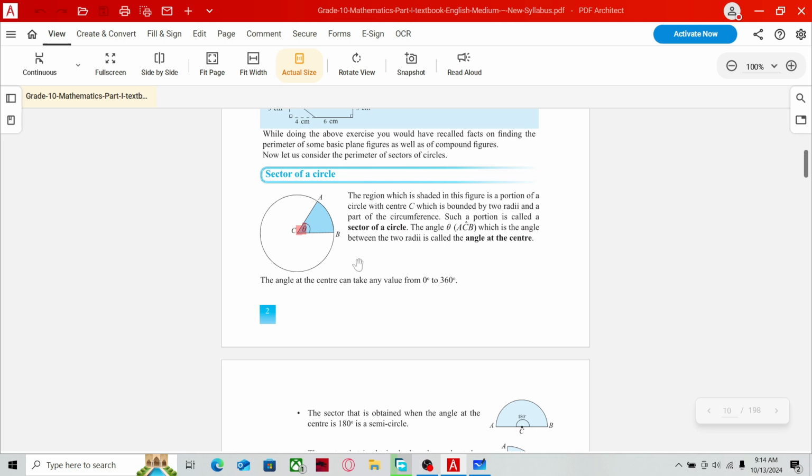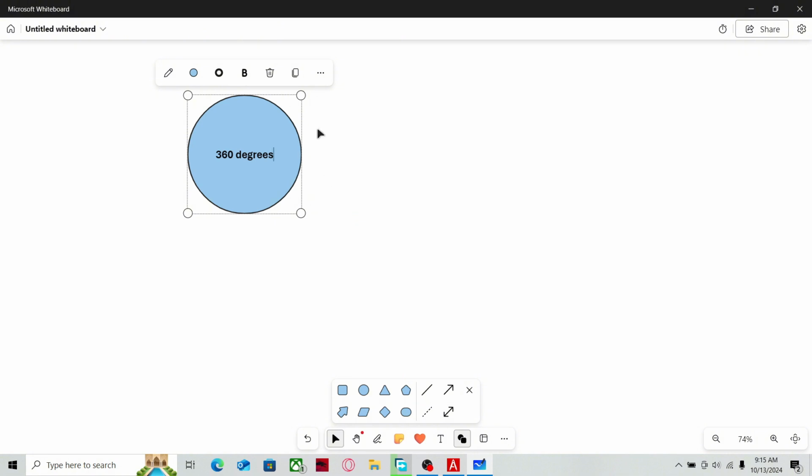That's the angle, right? Now it says here the angle at the center can take any value from 0 to 360. That means theta can be any value from 0 to 360 degrees. That is all.